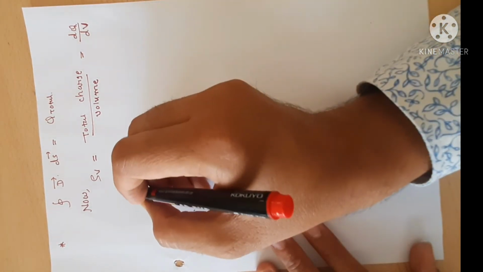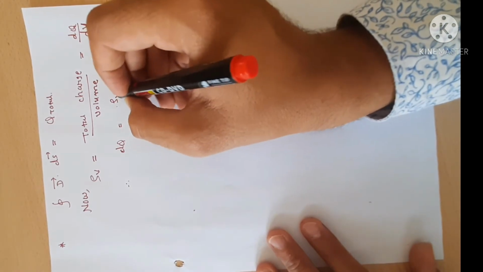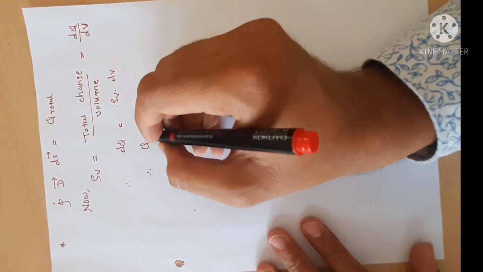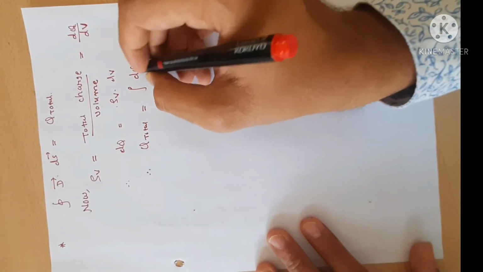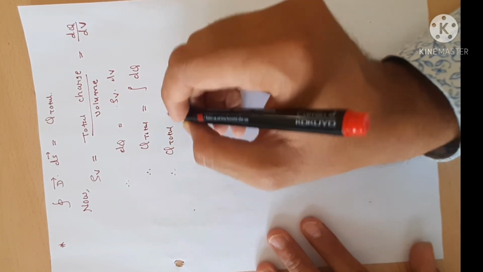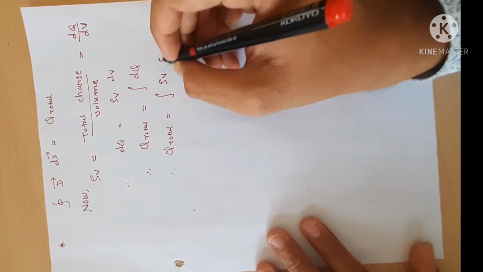So what is dq? dq is rho v into dv. So how can we find the total charge Q total? We just take the integration of dq. So Q total is integration rho v into dv.